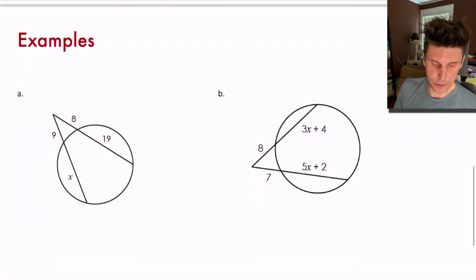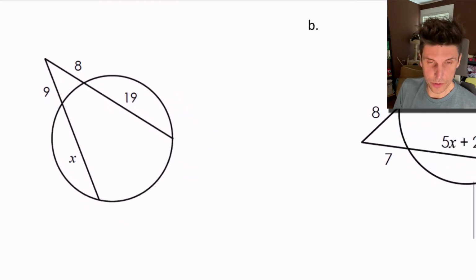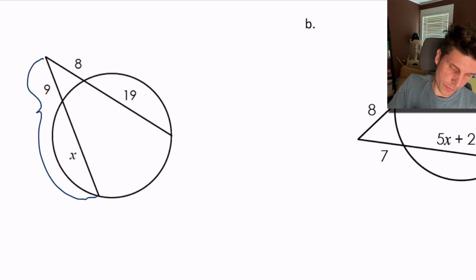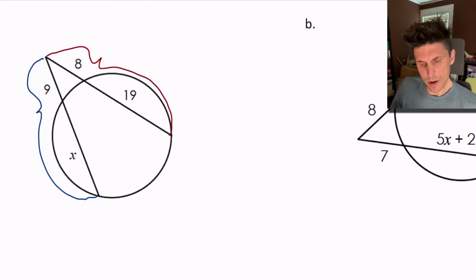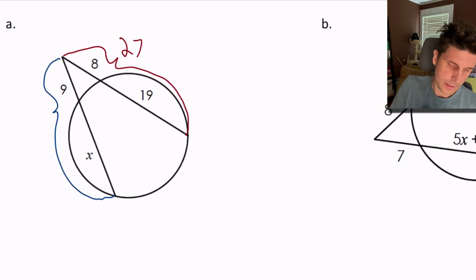Okay, let's put this one to use. You're more than welcome to pause the video and see if you can do this one on your own. I'm going to do it right now. The first thing I'm going to do is put my curly braces in. So 19 and 8 is 27, and 9 and x is 9 plus x.